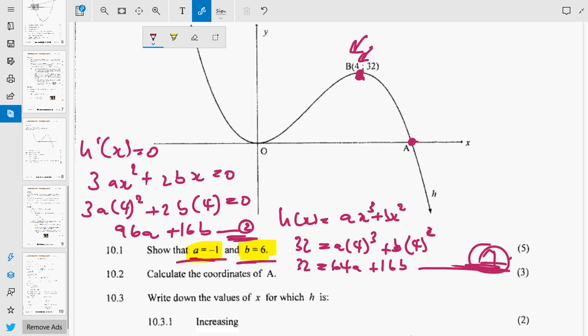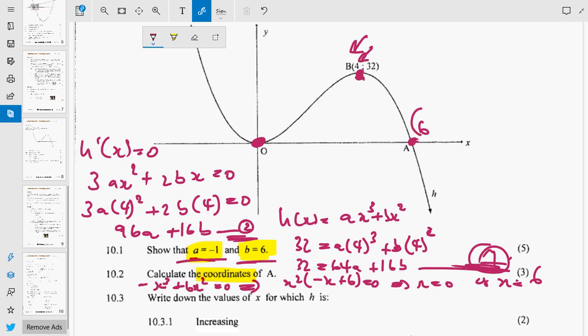I've got a and I've got b, that means minus x cubed plus 6x squared is equal to 0, which means x squared times minus x plus 6 is equal to 0, which means x is equal to 0, which is this x-intercept, or x is equal to 6, which will be this here. Now make sure you answer the question. The examiner is looking for the coordinate, so you have to give them the coordinate. Otherwise, you will lose a mark.